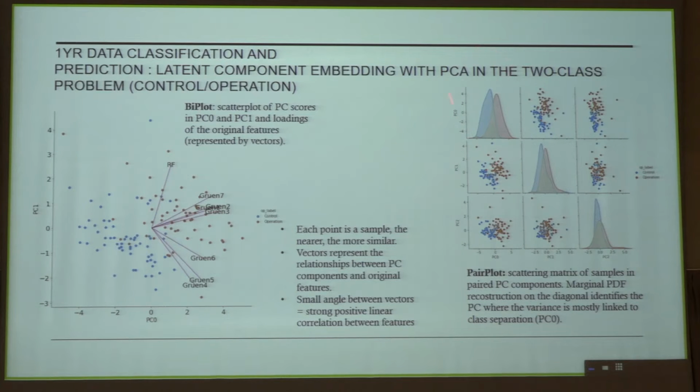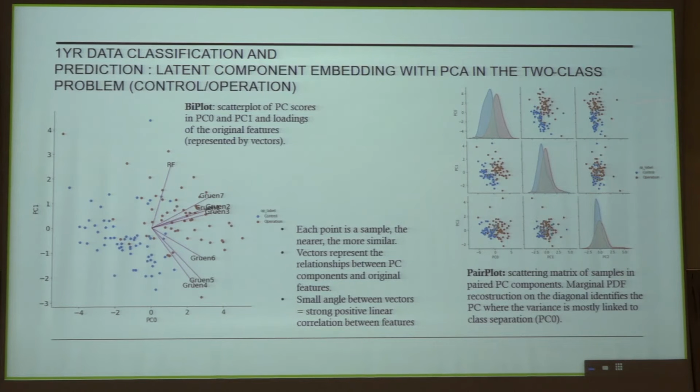And as you can see from the pair plot here, each point is a patient in the dataset, represented in a 2-dimensional space. If we scatter all the patients and color them, in blue you have the control, and in orange you have the operation, you can see the first 2 PC components and the estimation of the marginal probability function, which basically tells us how much of the variability contained in that latent component is associated to class difference.